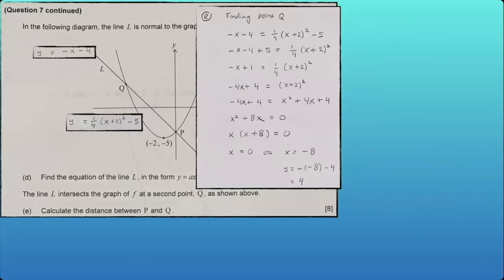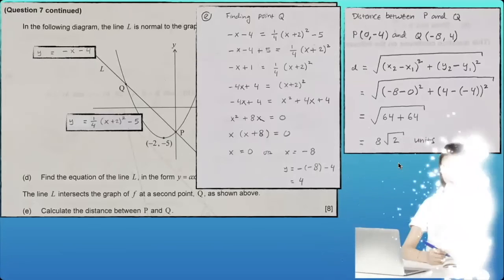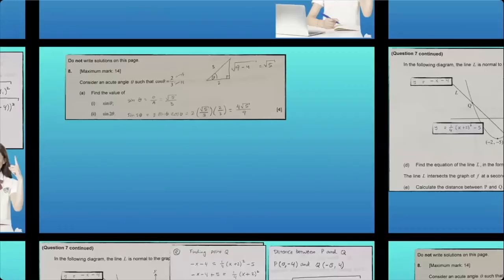We have found the coordinate of point Q at -8, 4. Then let's calculate the distance between P and Q using this formula. Therefore, the answer is 8√2 units.